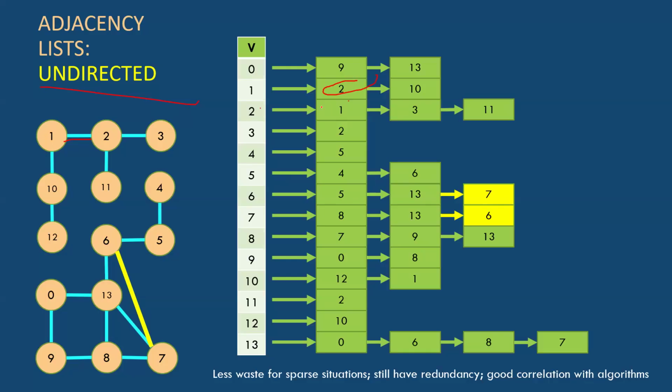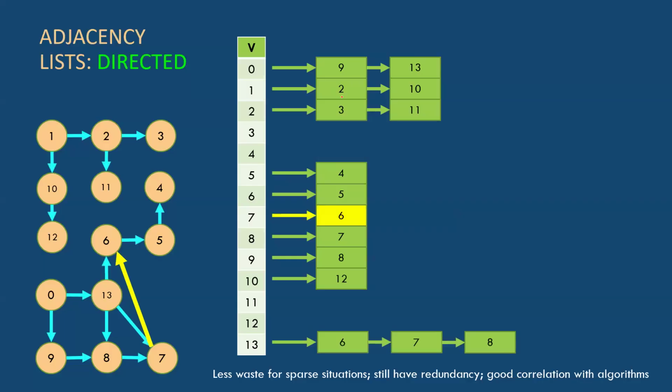And then 2 to 1, we had some repetition there, right? So we can kind of go through all the pairs and see that every adjacency is there twice, okay? In the directed version, it's a much sparser representation, right? A lot less data because we don't have arrows going in every possible direction, okay?